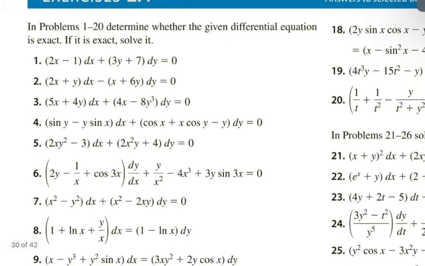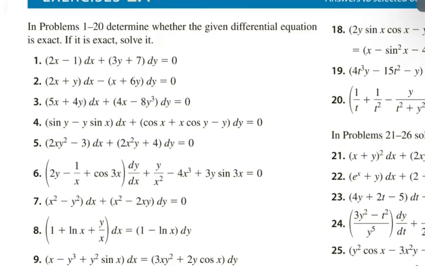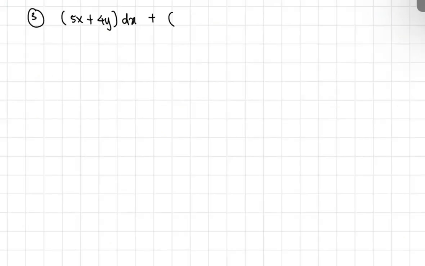Question number 3: (5x plus 4y) dx plus (4x minus 8y cubed) dy equals 0.